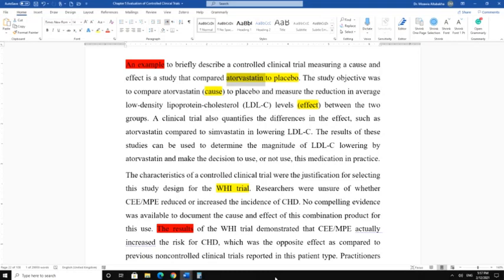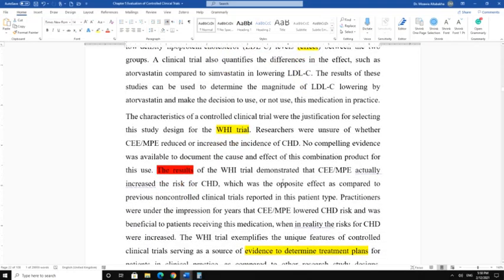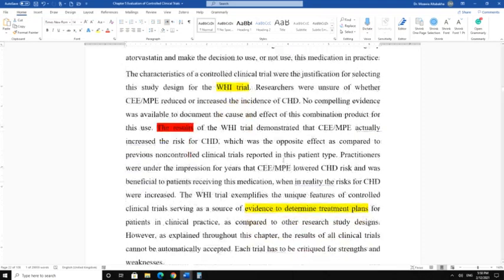So, if it is in the market, I cannot go and convince doctors, prescribers and practitioners to prescribe atorvastatin rather than simvastatin or rosuvastatin, unless I do a comparison between atorvastatin and the best that is available in the market. If atorvastatin is better than the best available in the market, then I can convince physicians and practitioners to change the therapy.